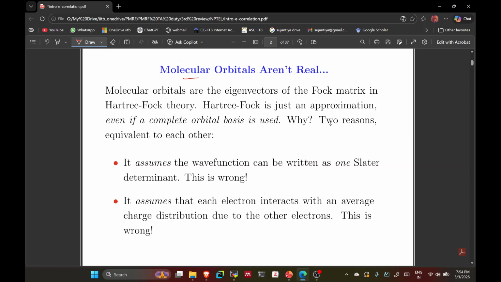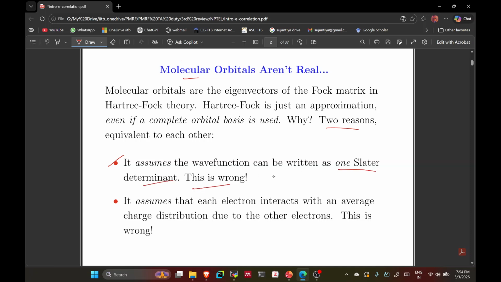Because there are two reasons. Even if you use a complete basis, like an infinite basis, your Hartree-Fock is still an assumption, right? It assumes that the wave function can be written as one Slater determinant. So this is wrong.